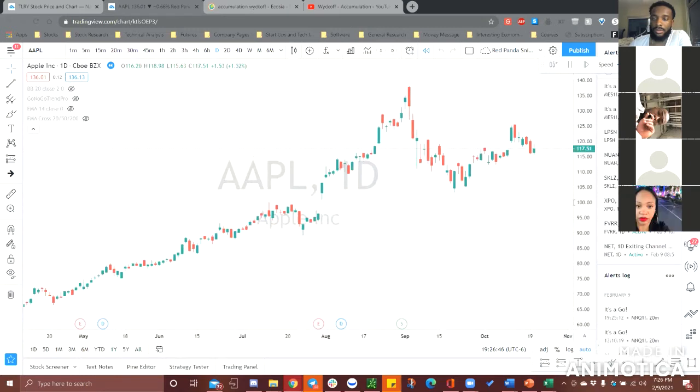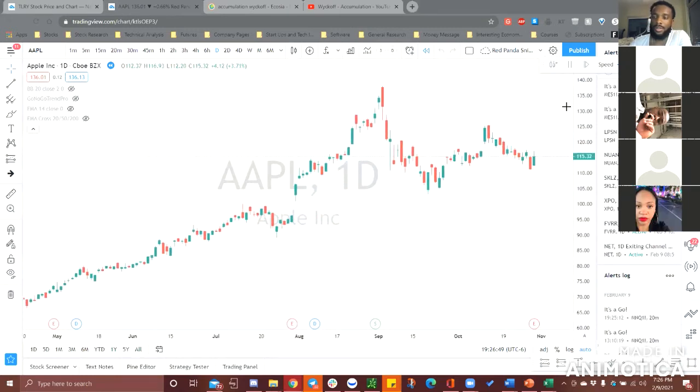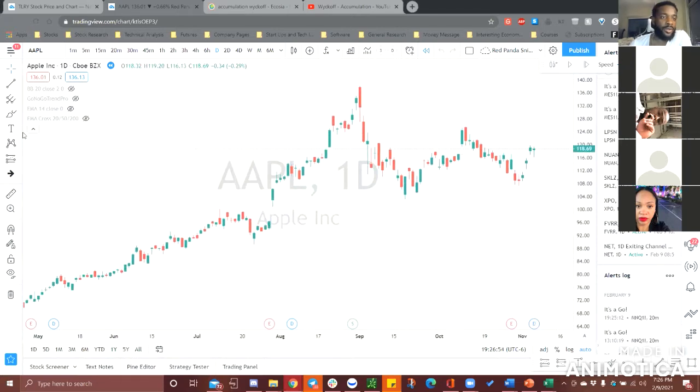What are gaps and what do they mean? Right there in the middle is a gap. You see where he's sliding? So this area is a gap.